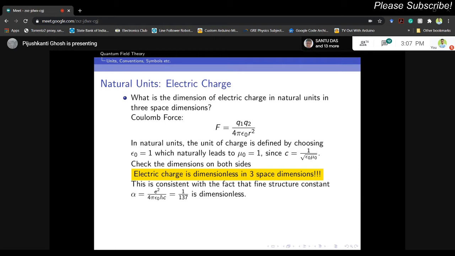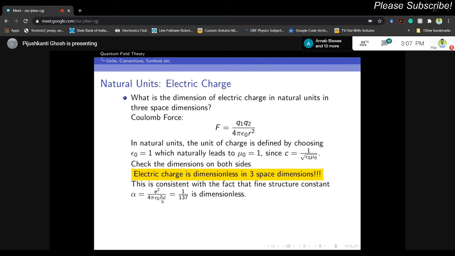The answer is yes. Before talking about that, just note one more thing here, that we have this fine structure constant alpha defined through this relation, e square, charge of the electron, divided by 4 pi epsilon naught h bar into velocity of light. Epsilon naught is permittivity and h bar is Planck constant divided by 2 pi.